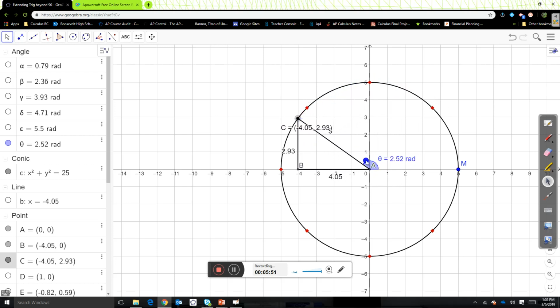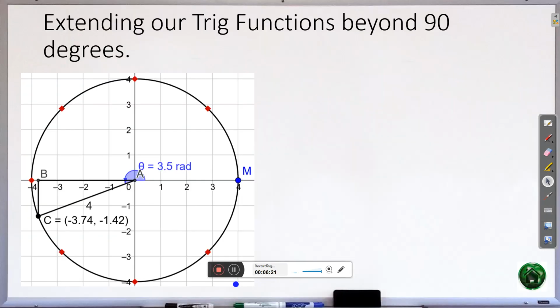Our angle is no longer inside the triangle. The angle is on the outside. But if we use our understandings from the previous problem, our opposite side is still going to be the y value, and our adjacent value is still going to be the x value. And so we can still do our ratios using y and x, but it will be for an angle outside the triangle this time. So let me do one example that looks like that.